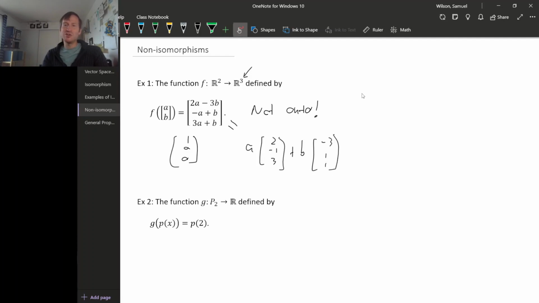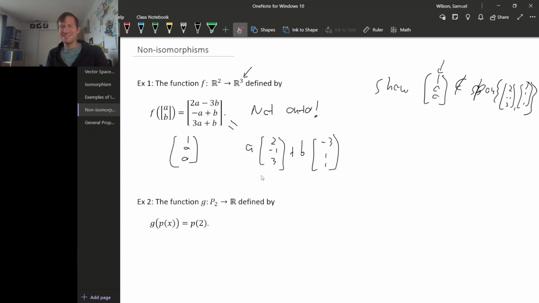And what we can do is show that (1, 0, 0) is not in the span of these two vectors, (2, -1, 3) and (3, 1, 1). If (1, 0, 0) isn't in this span, then it's never produced by this formula, which means it's never produced as an output for this function.